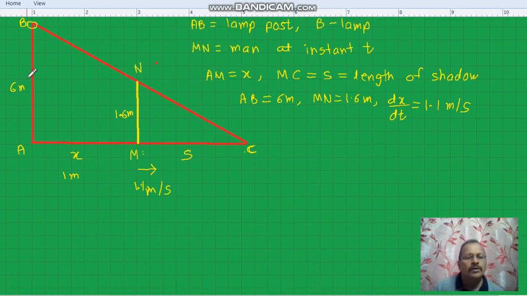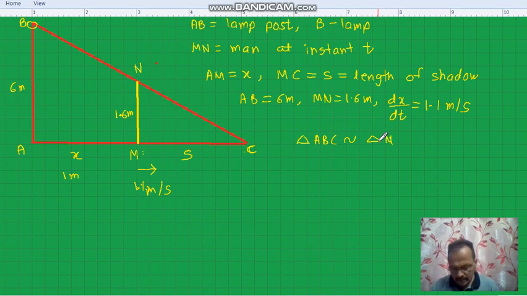Now look at these two triangles. Triangle ABC is similar to triangle MNC, and therefore AB upon MN is equal to AC upon MC.